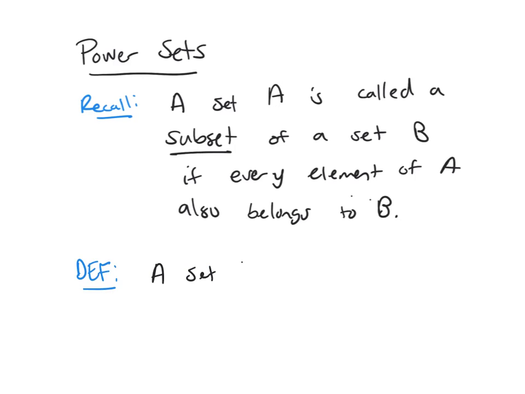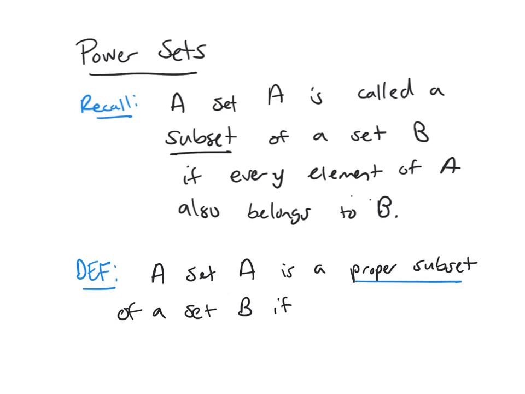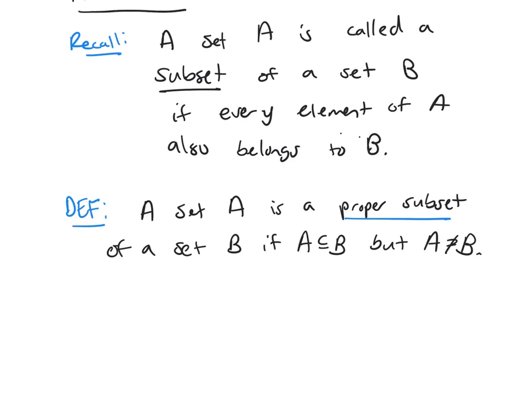A set A is a proper subset of a set B if A is a subset of B, but A is not equal to B. And the notation we're going to use here is A is a proper subset of B. That symbol means it's a proper subset.